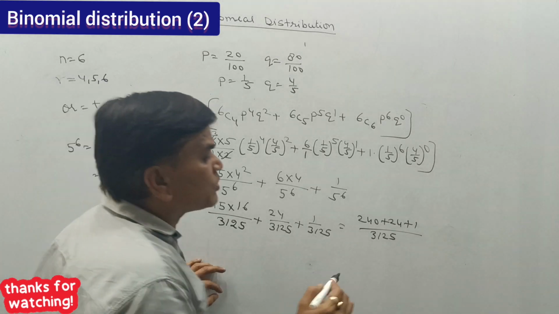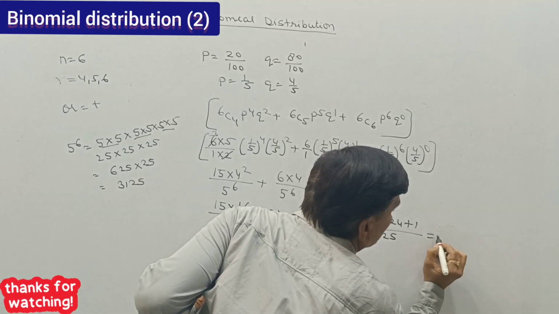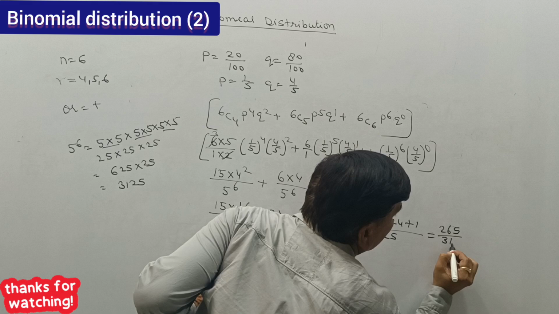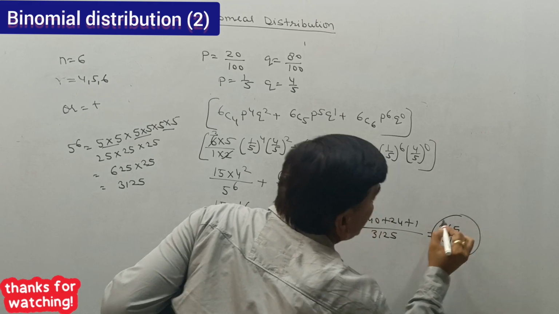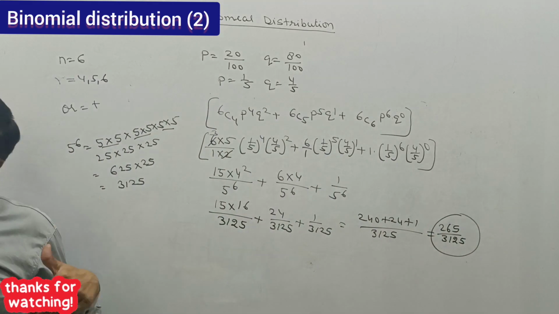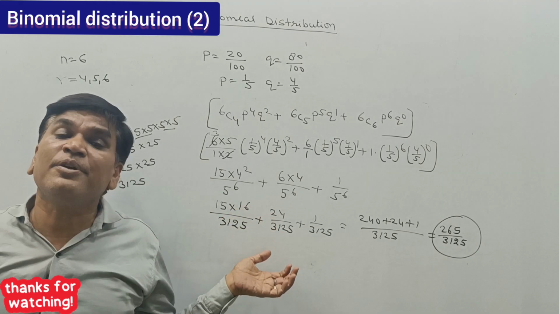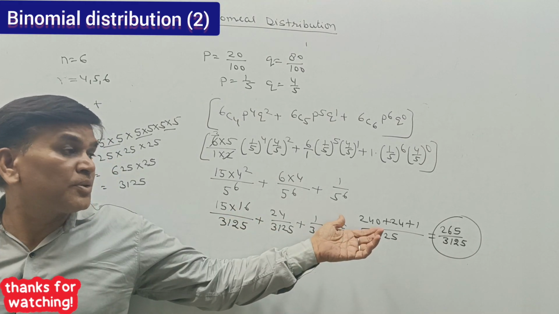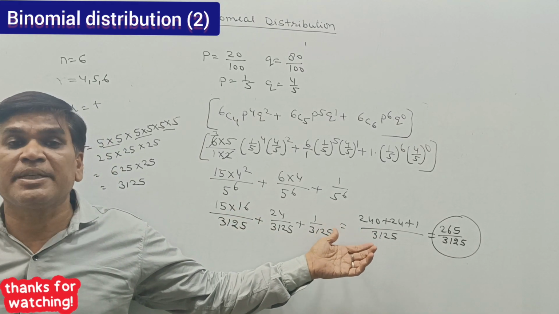The probability is 265 upon 3125. So the probability of having 4 or more workers suffering from the disease is 265 divided by 3125.